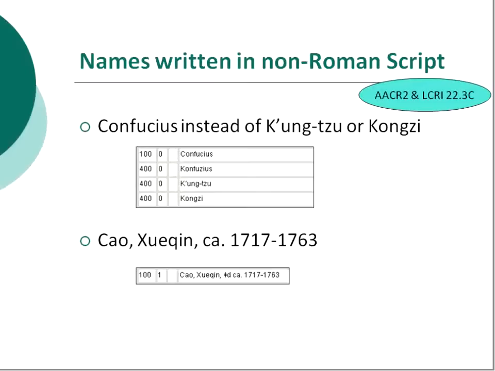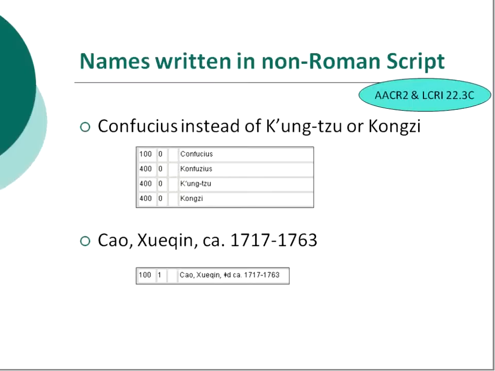Now, if the name is not found in any of these three reference sources, then we use the systematically romanized form of the name in the heading. Take a look at our first example, Confucius. Obviously, this name has appeared in the English language reference sources. Thus, the 100 heading form is taken from the reference source.